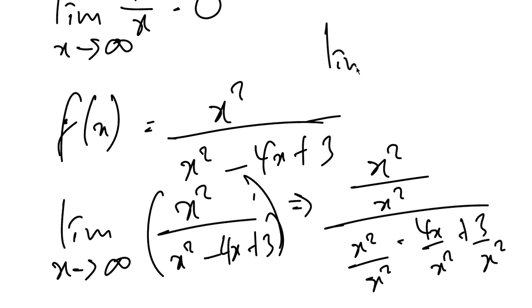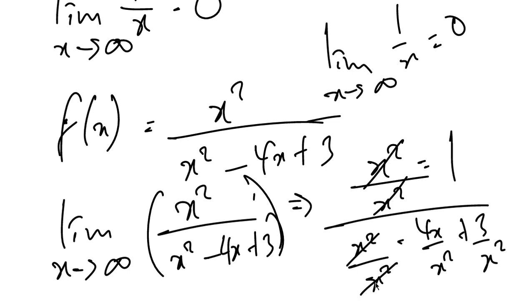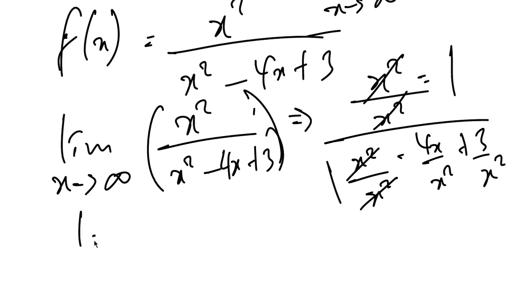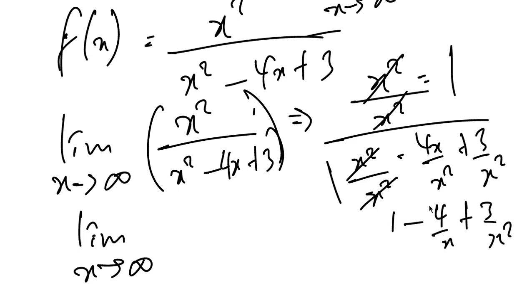And using the fact that the limit as x tends towards infinity of 1 over x is equal to 0, x squared divided by x squared is 1. The x squared divided by x squared is 1. And 4x over x squared is 4 over x. What we're having at the denominator level is 1 minus 4 over x plus 3 over x squared, and all of this will tend towards 0, using the limit properties.